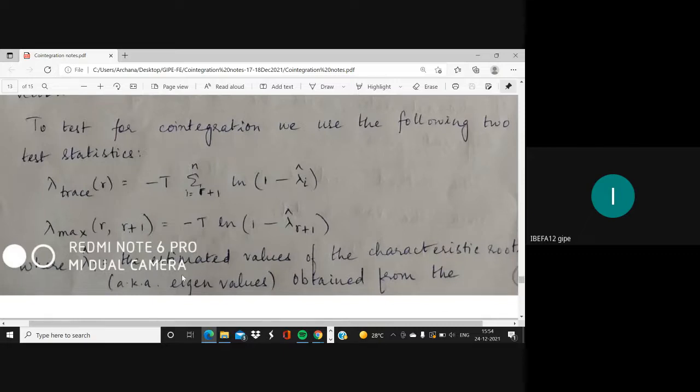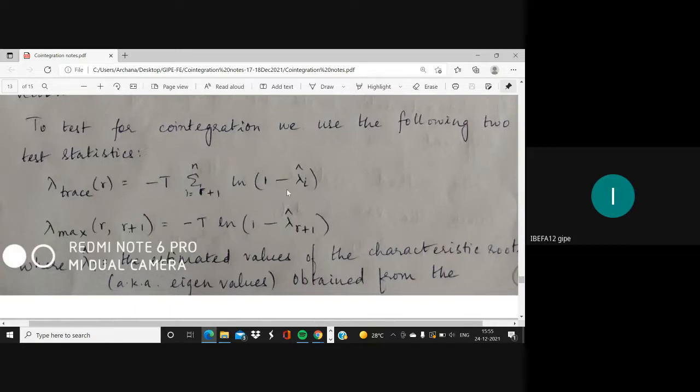The next page lists what exactly these are. So remember that this is how this test statistic is calculated. Again, this r is the rank of your pi matrix, which will tell you how many co-integrating vectors there are for your particular VAR model.